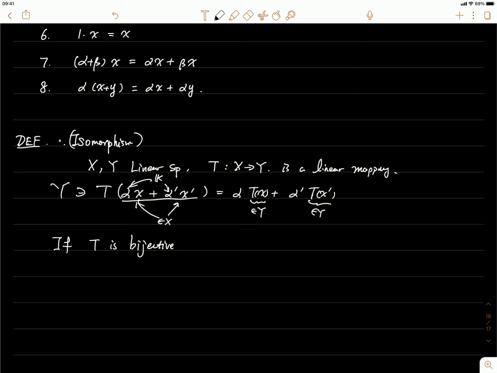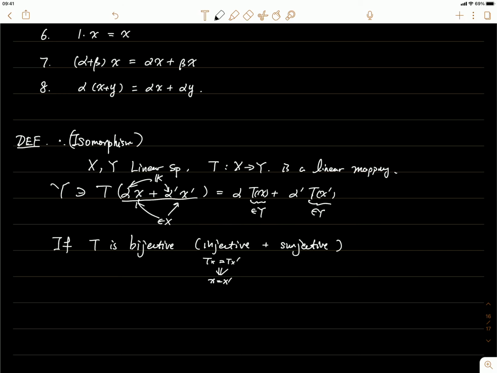What do these two mean? You all know that injective means that if Tx equals Tx prime, this implies x equals x prime.